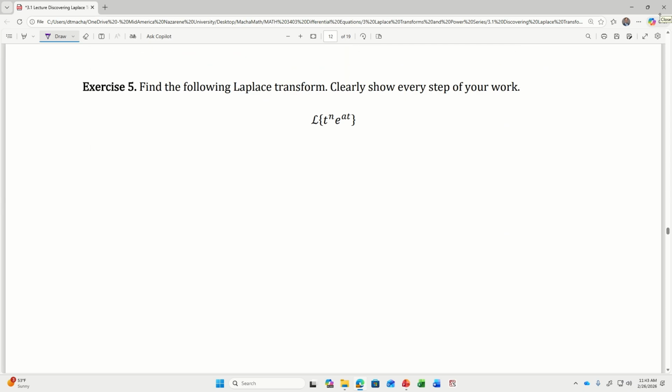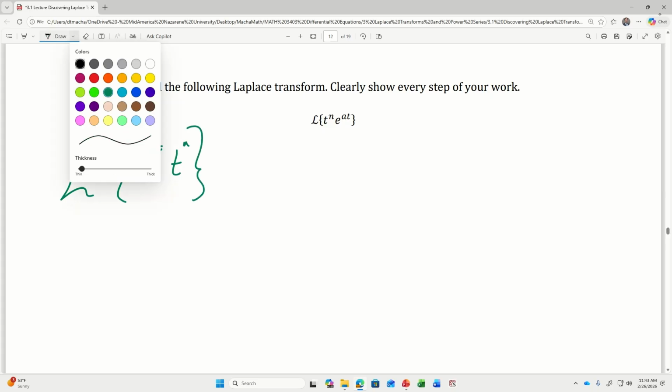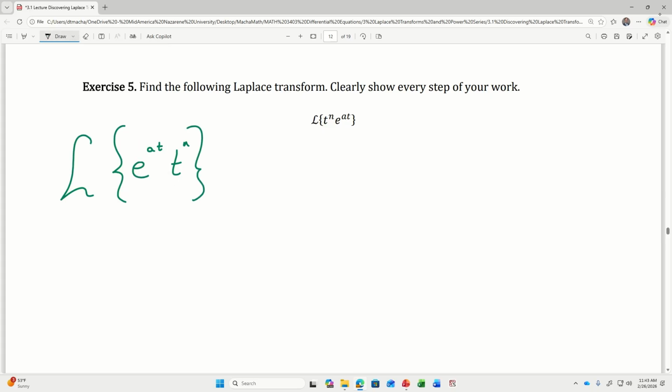Find the following Laplace transform. I want the Laplace transform of t to the n e to the at. But you know, I'm going to rewrite this a little differently and write it as e to the at times t to the n. And as I do this, I'm going to recall two things.